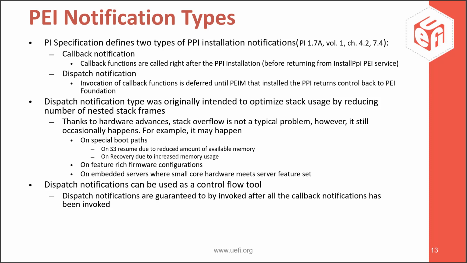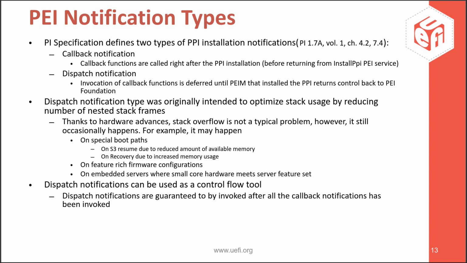So usage of dispatch notifications allows you to optimize stack usage. Stack overrun is not a typical problem thanks to hardware advances. Typically, we have enough space, but we do see that happening on occasion.